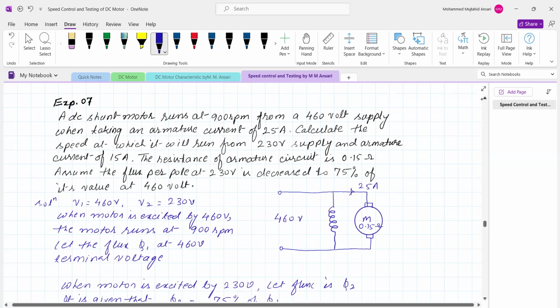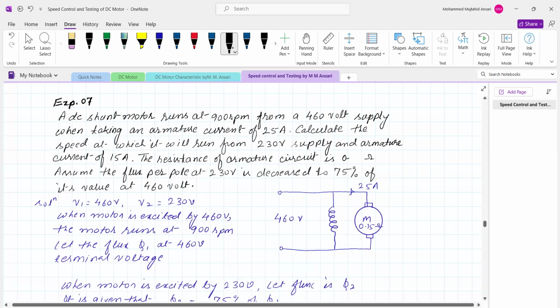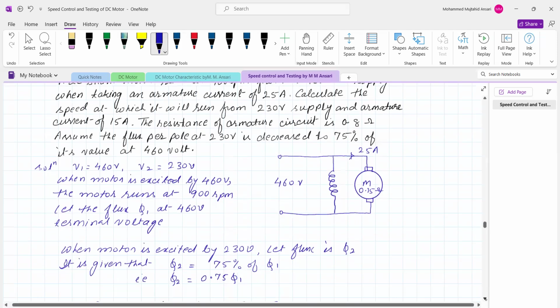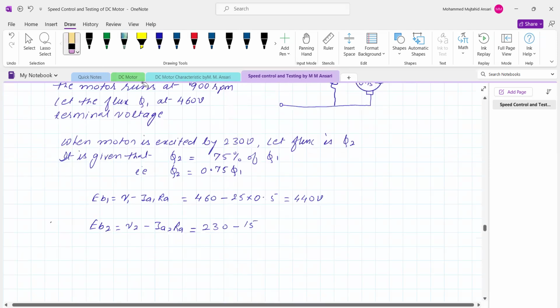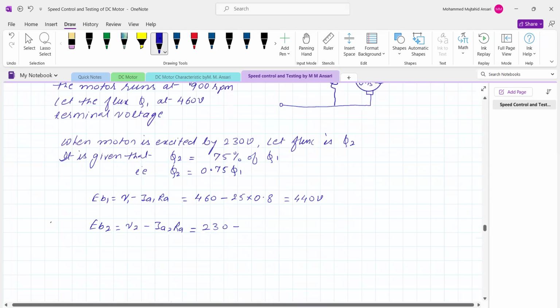Sorry, it is 0.8. The armature resistance is 0.8 ohm. So 15 into 0.8 equals 218 volt.